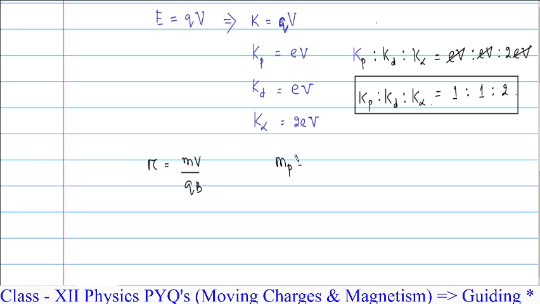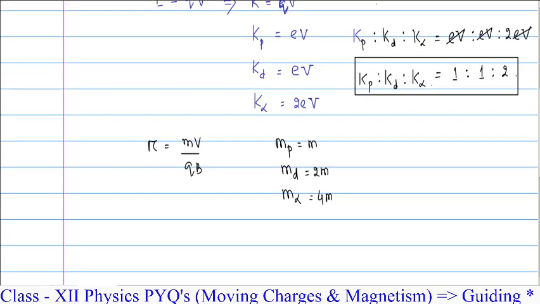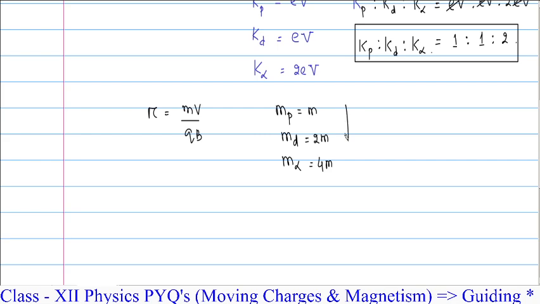If the mass of the proton is m, then the mass of the deuteron will be twice that, and the mass of the alpha particle will be 4 times the mass of the proton. Clear? And the charge of the proton will be equal to e, the charge of the deuteron will be equal to e, and the charge of the alpha particle will be equal to twice e. Clear? Twice that of the proton.